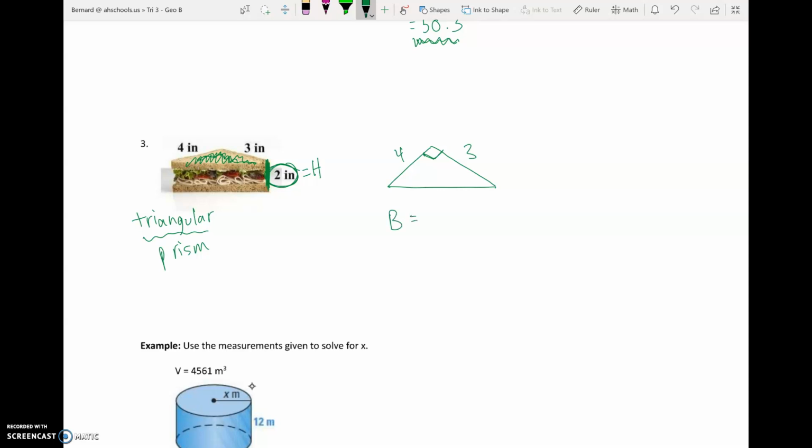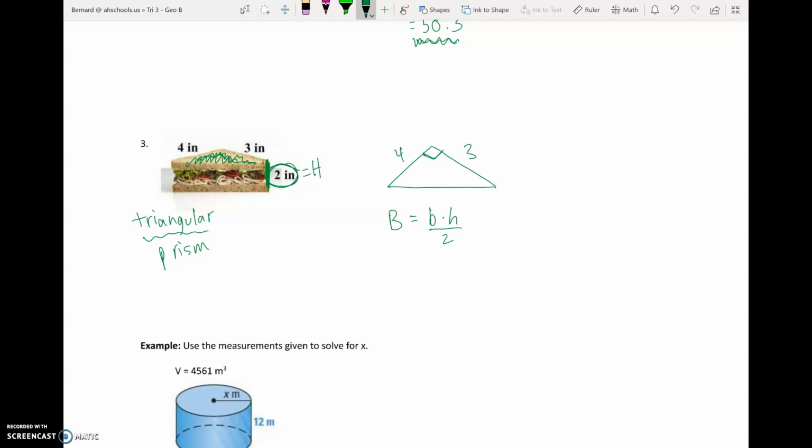And the area of a base for a triangle is little base times height divided by 2, right? The issue with the base and the height in the triangle is that your base and your height always need to be perpendicular, meaning they need to be meeting at a 90-degree angle. Sometimes they are in triangles that we get, other times we have to go figure that out by drawing imaginary lines from tips into bases and things like that. In this example, we don't need to do that because there's already the right angle.